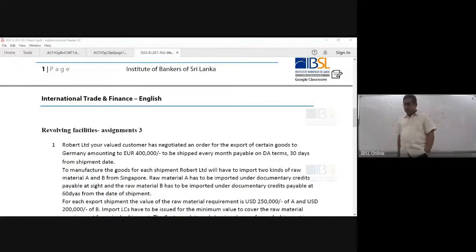Now write the base of calculation. Bank will receive the usance import bill one month after the shipment date.